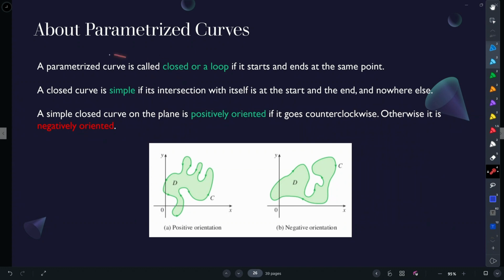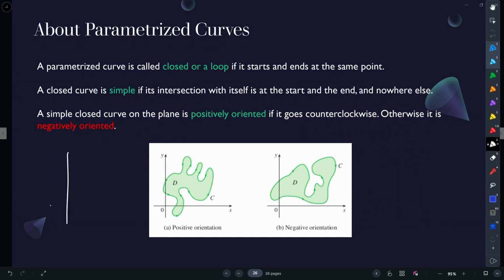First, we already saw that a parametrized curve is called closed, or a loop, like in here, if it begins and ends at the same point, like a circle or some more complicated path like this. A closed curve is simple if there are no intersections.